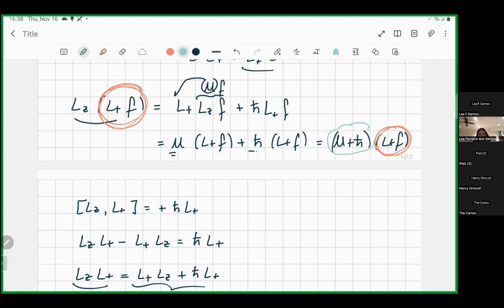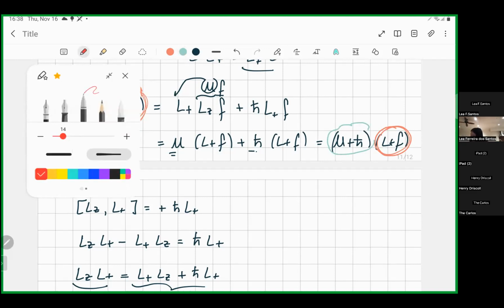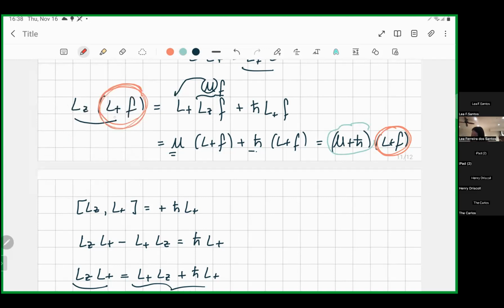Now the eigenvalue increased, just as we used to do with the A plus in the harmonic oscillator. Now we increase. And if you do the same game with the L minus f, this whole thing will also be an eigenfunction of LZ.